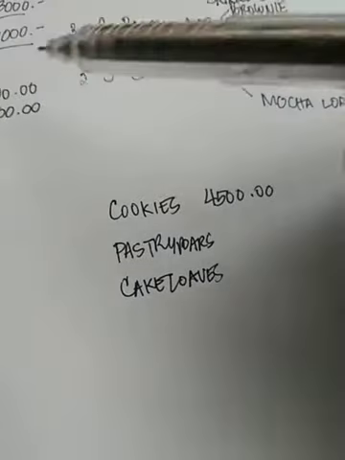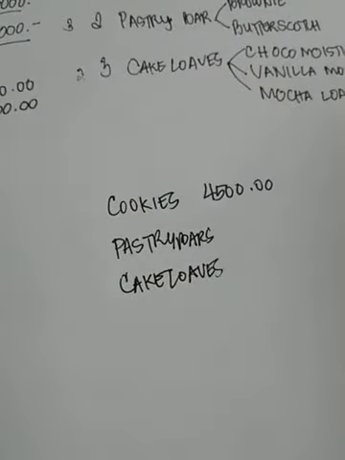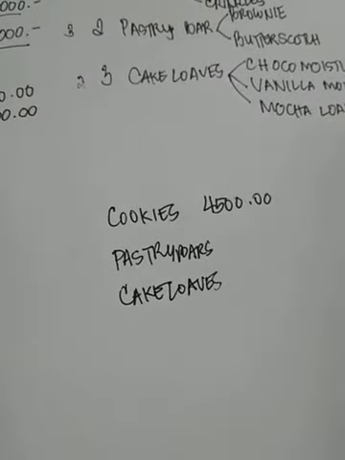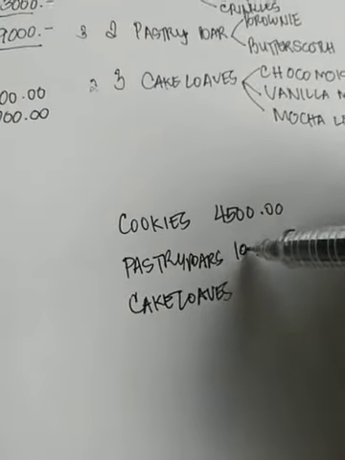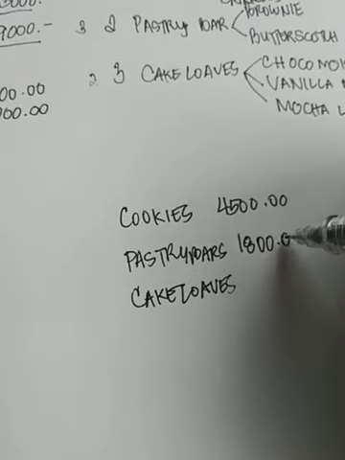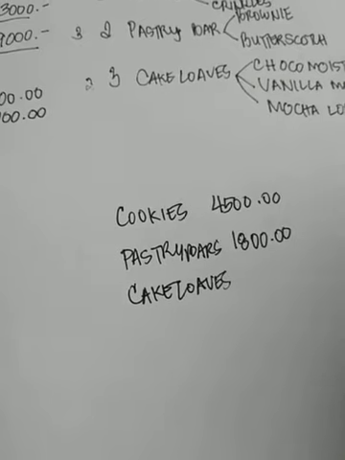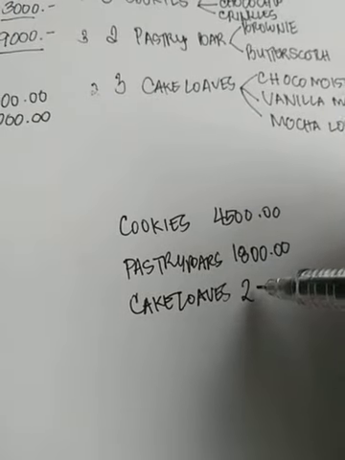So, let's say 9,000 times 0.2, that's 1,800. Tama? 1,800. And then 9,000 times 0.3, that's 2,700.